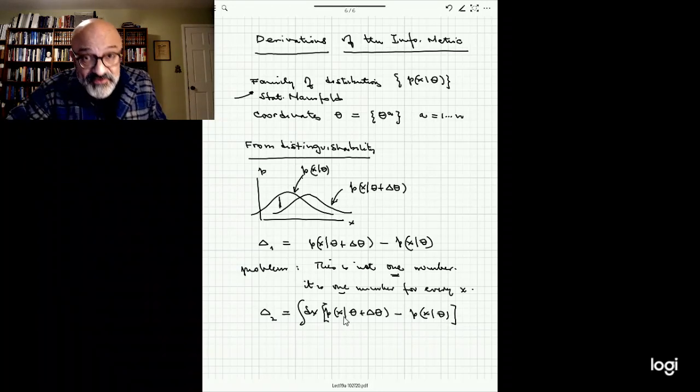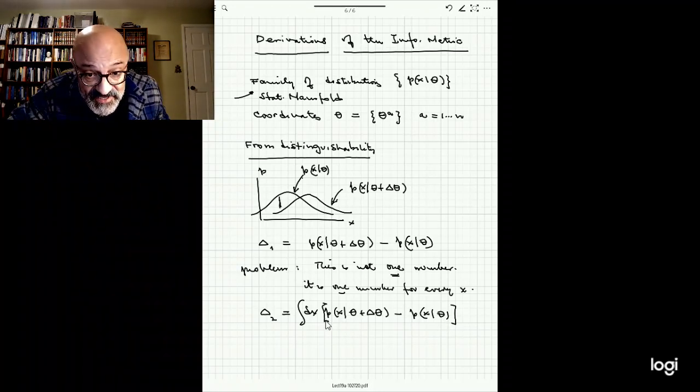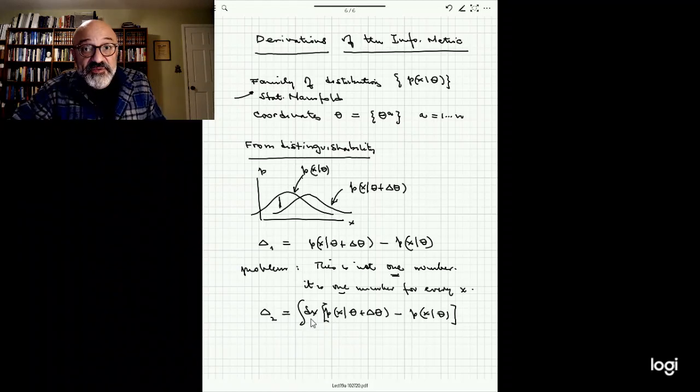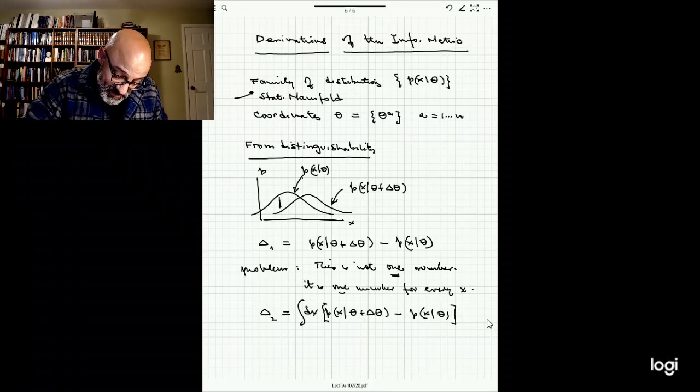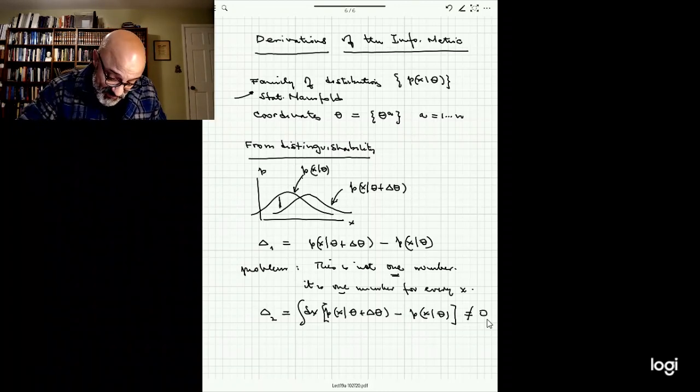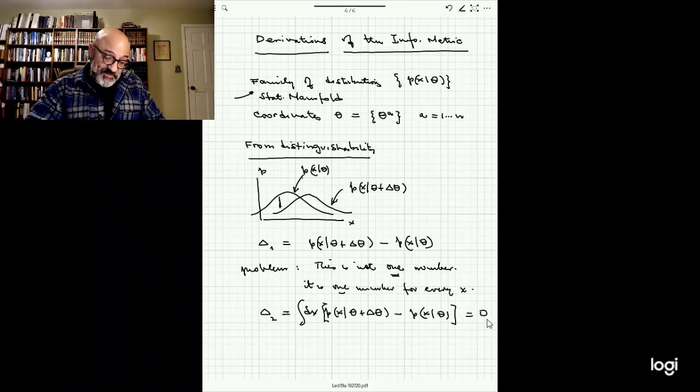But immediately, if you think for about half a second, you realize that if these are probability distributions, this is the integral of the probability distribution over all x's. The first integral is 1. The second integral is 1. Sorry, this is equal to 0. So that does not work. So it doesn't work either. So let's try something else.